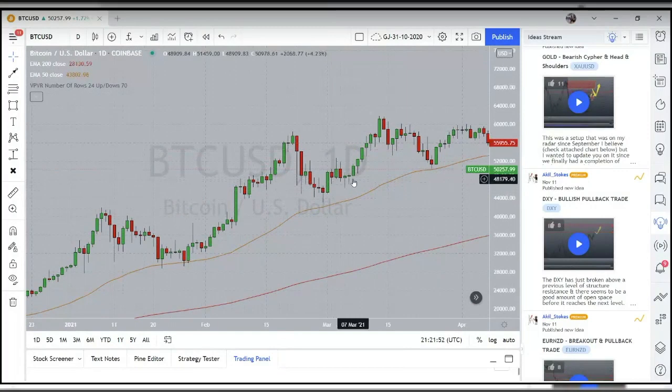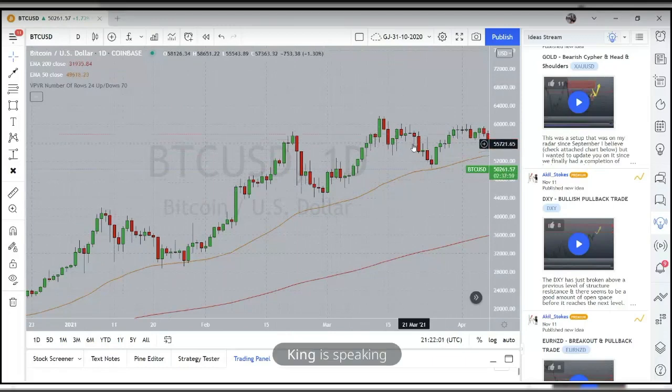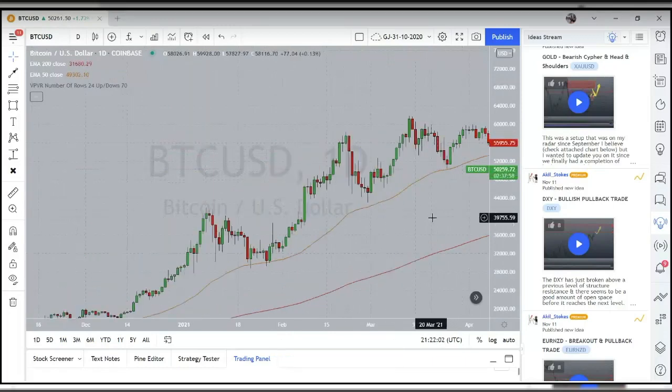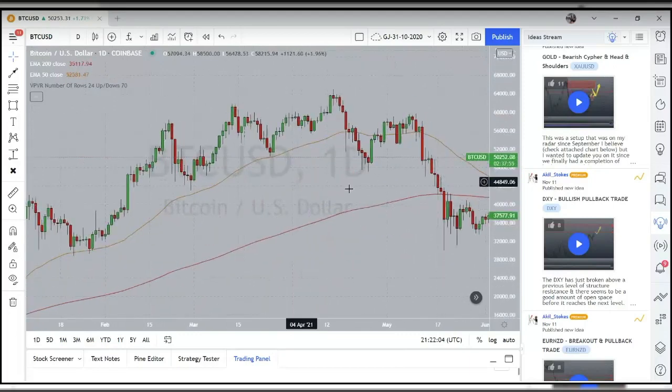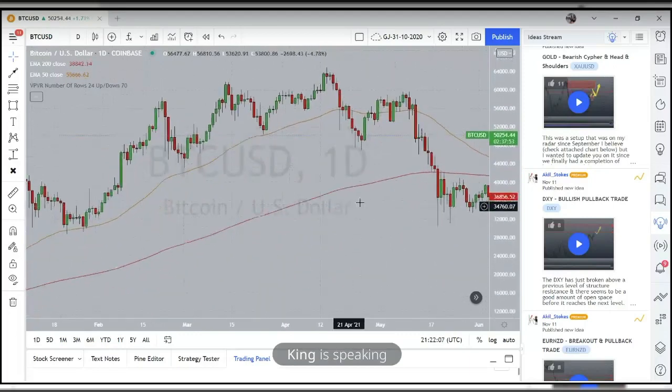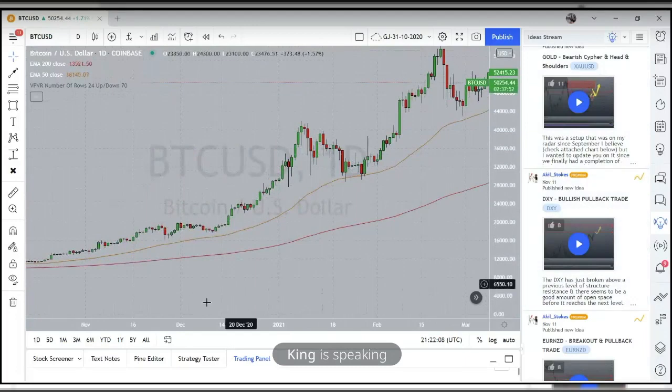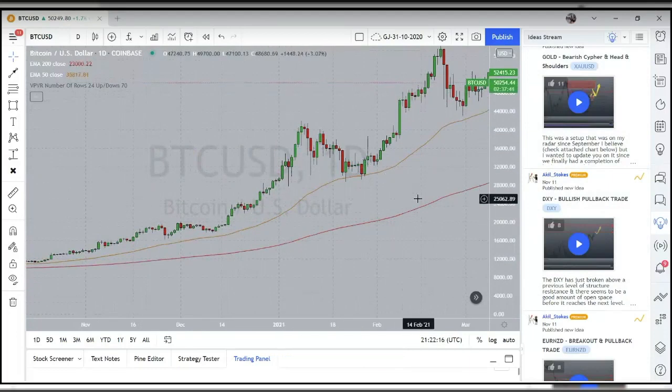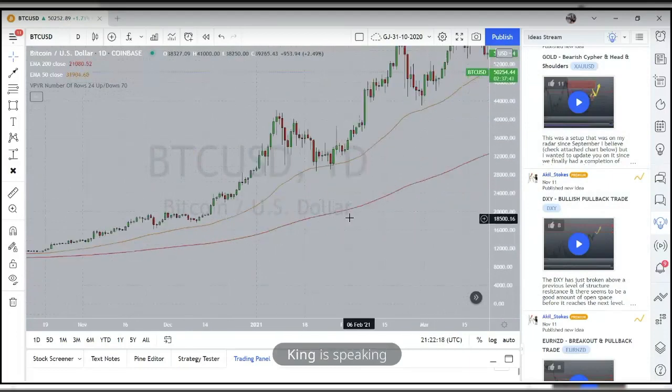See here, we got one. Where's the next one? Next one is here. The market structure broke there, so ignore that. But yeah, within trends, when you get just small bounces, look for power 3s on the daily. You might be able to get an entry just off that.